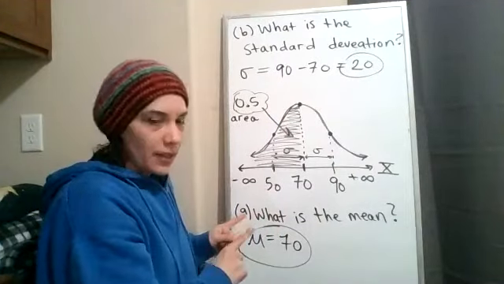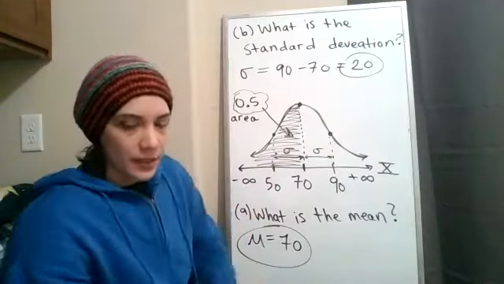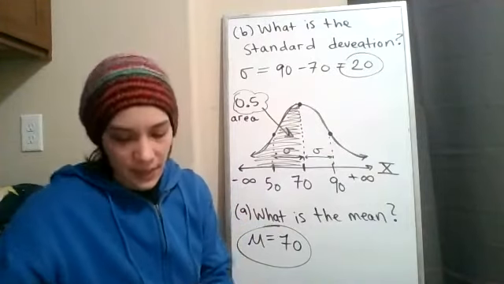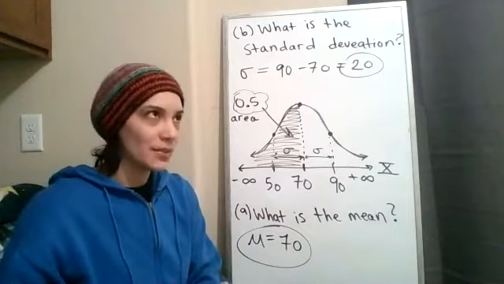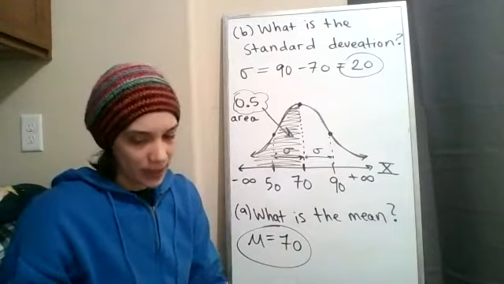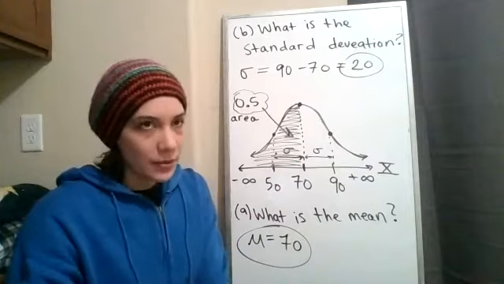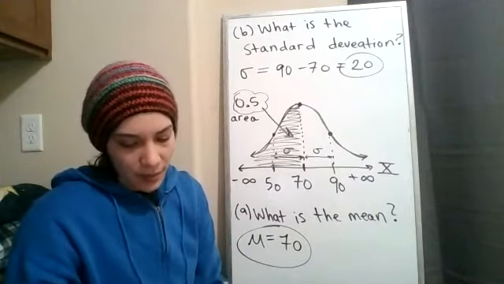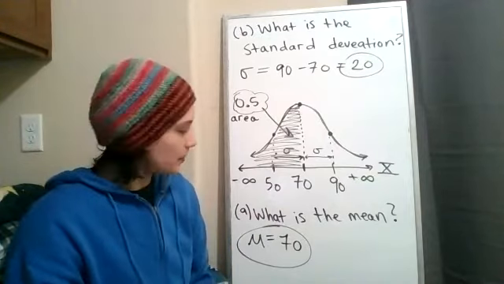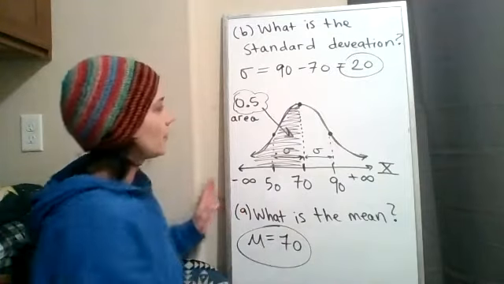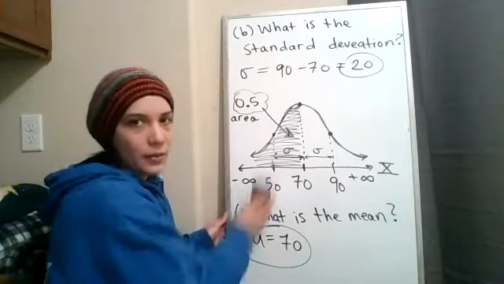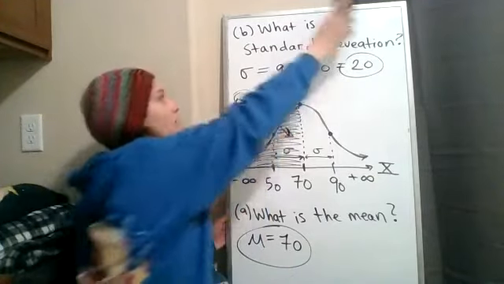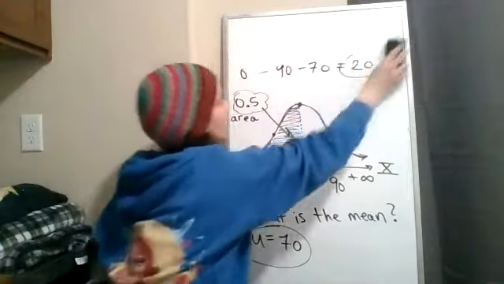The reason we are interested in areas under the curve is because they represent the probability of observing the value of the variable in that interval. We'll write this all down. So we found the mean, we got that standard deviation, and now we're going to do area.